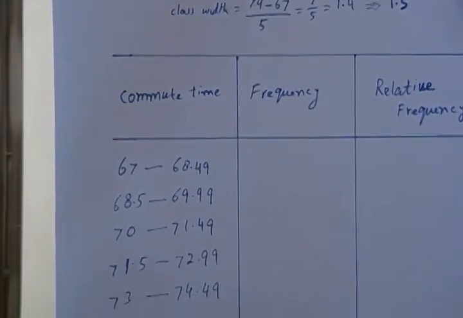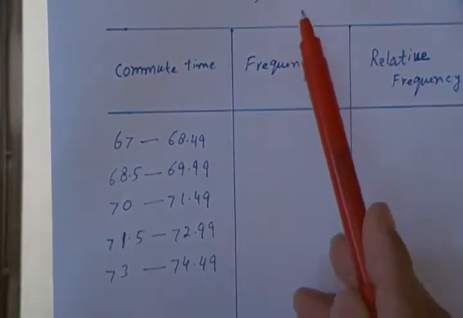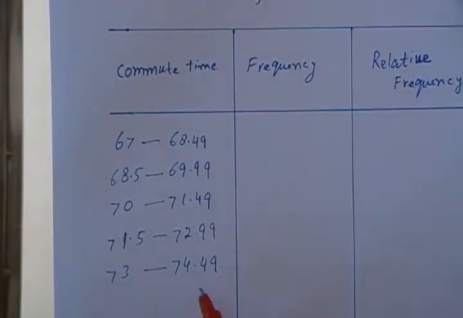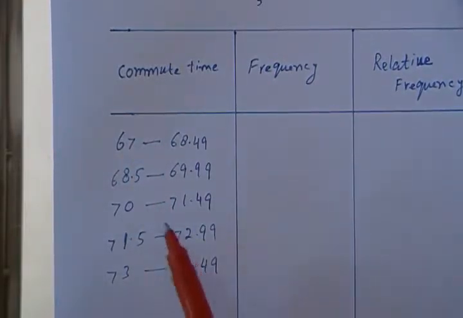Right? And now we stop here, because the largest value, 74, is already included, and we have already 5 classes: 1, 2, 3, 4, 5.